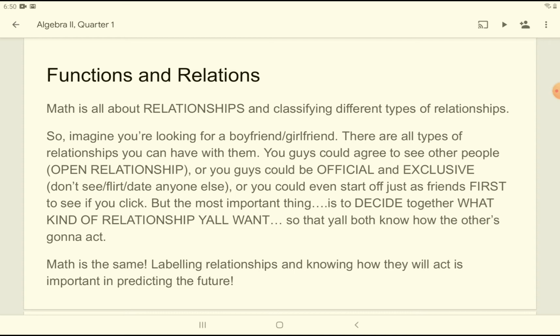Or you could even just start off as friends first to see if you guys click. But the most important thing, I think everybody agrees with me, is to decide together what kind of relationship y'all want, right? So that y'all both know how the other one's gonna act around other people or how they want to act around other people.